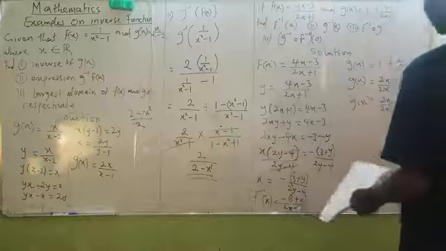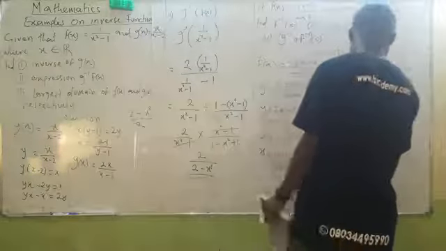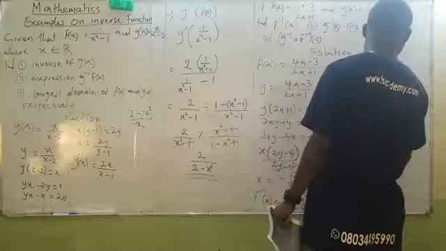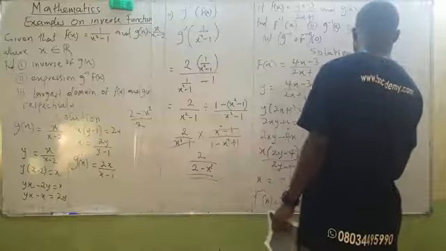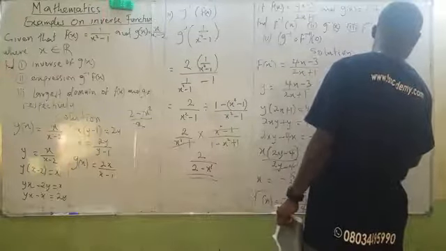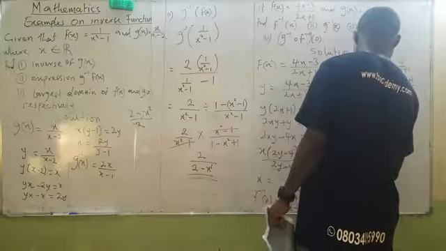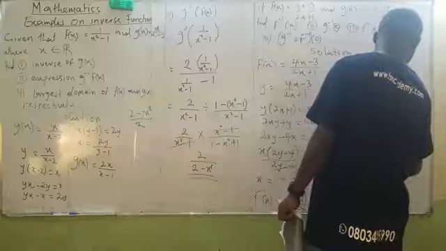Since my g of x is given to me, I can now generate its inverse by having y equals 2x plus 5 divided by x plus 1, which gives y times 2x plus 1 equals 2x plus 5. At this point, I will have 2xy plus y equals 2x plus 5.